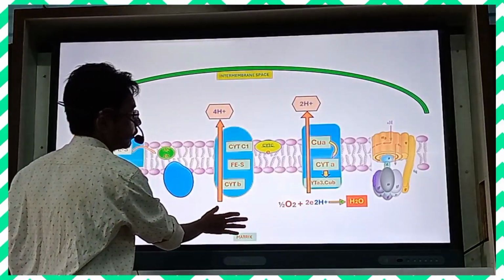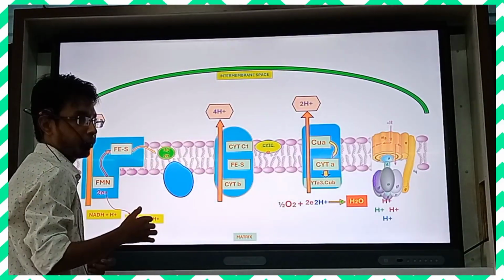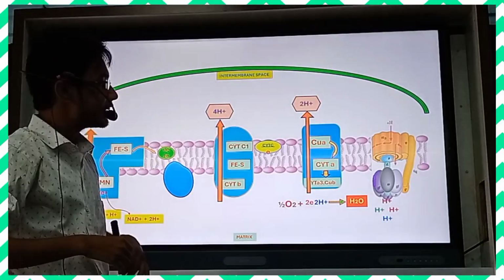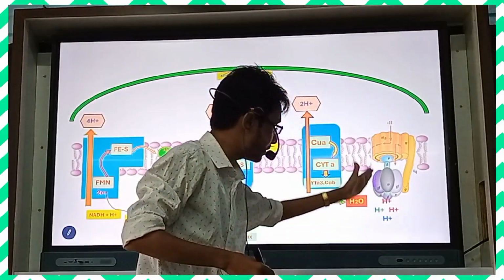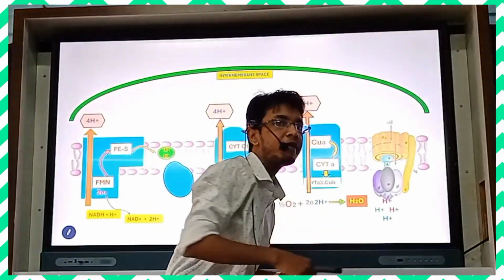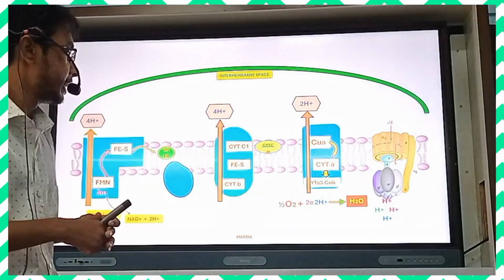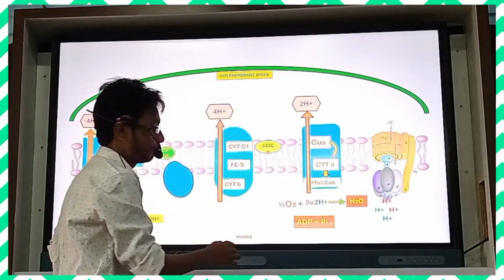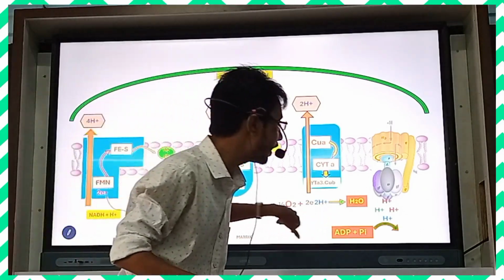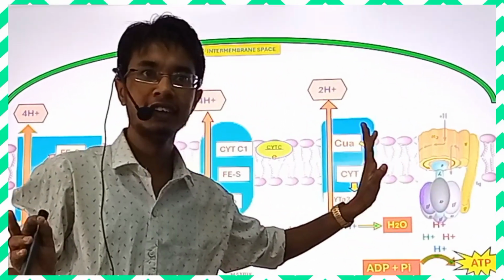Using this proton motive force, ATP synthase or F0 F1 particles add a phosphate group to ADP to form ATP.